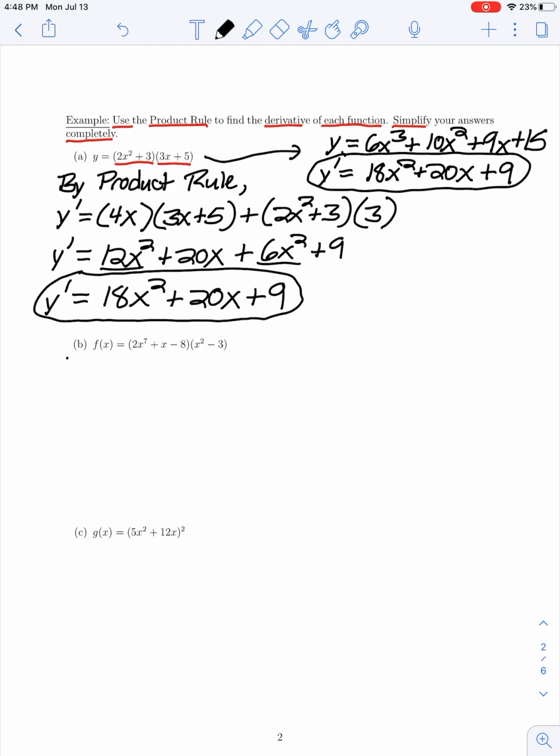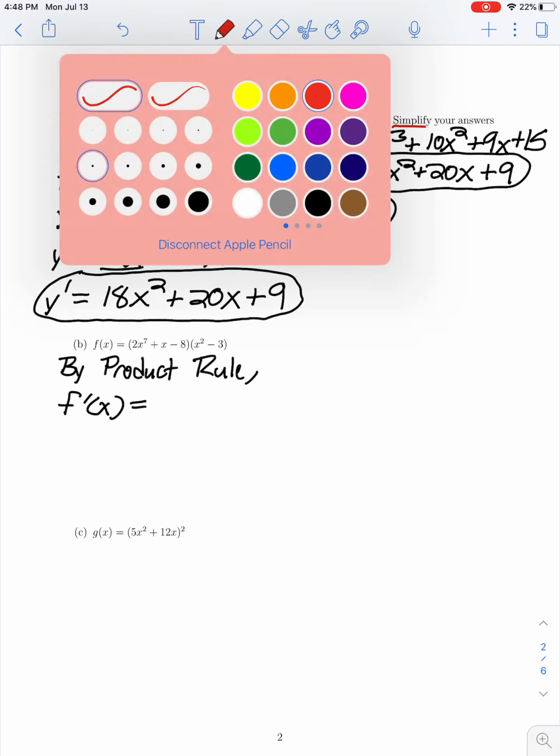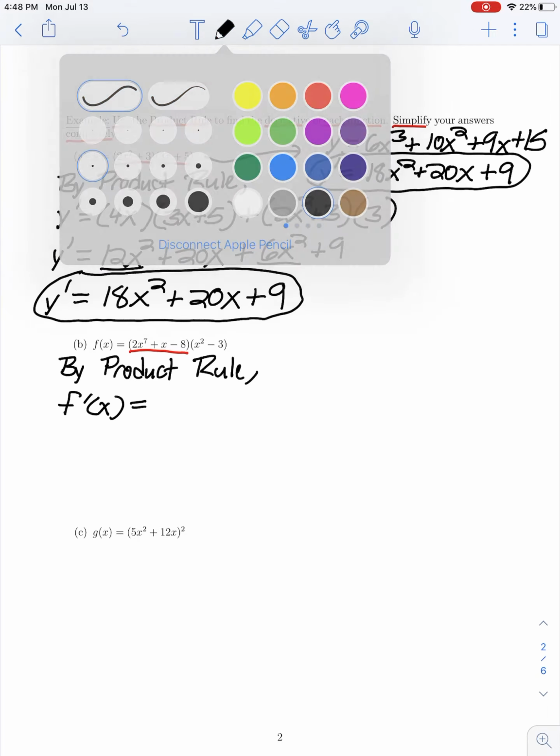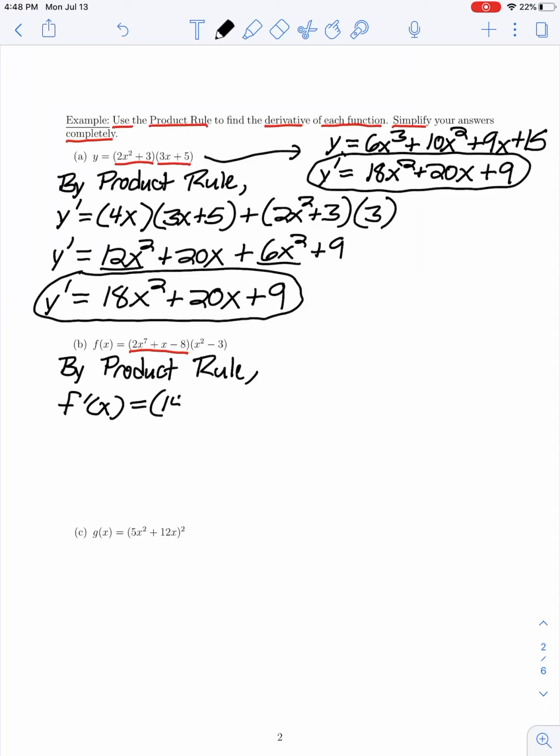So using the product rule to differentiate here, we could say by making use of the product rule, our derivative f prime of x is found by first taking the derivative of our first function in the product, which would be 14x to the 6th plus 1 times the second function in our product, in this case, x squared minus 3.